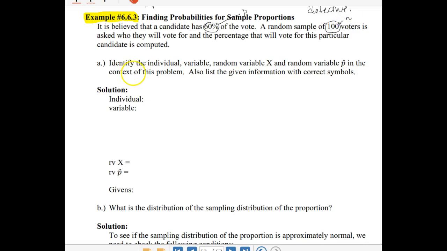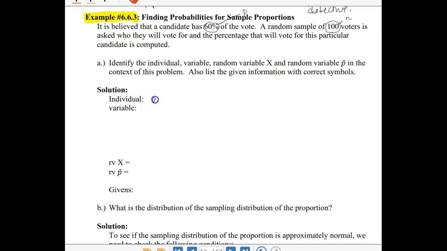So we're asked again to identify the individual, the random variable x, and the random variable p hat in the context of the problem, and then to list the given info with the correct symbols. An individual is one of something, so one thing from the study is a voter. They took a random sample of 100 voters; we take one of those as our individual.